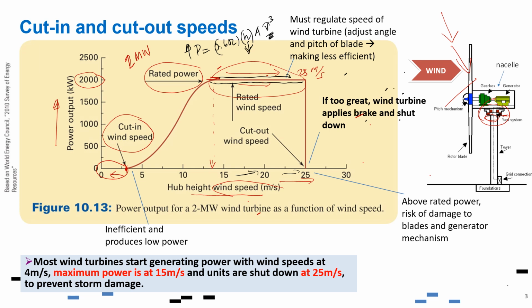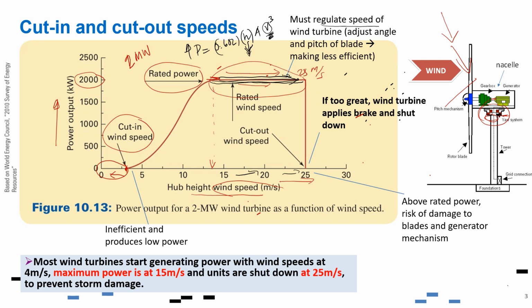Even though the speed is higher, because of the lower efficiency due to the turbine orientation of the blades, the lift effect is reduced, then the power is maintained at the rated power. This ensures that it has to be regulated.